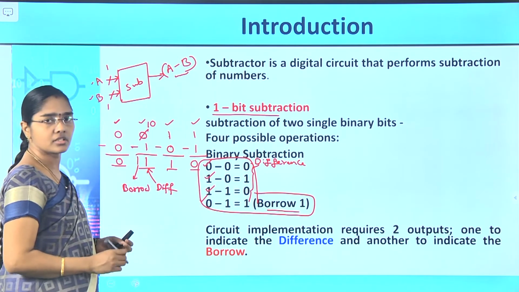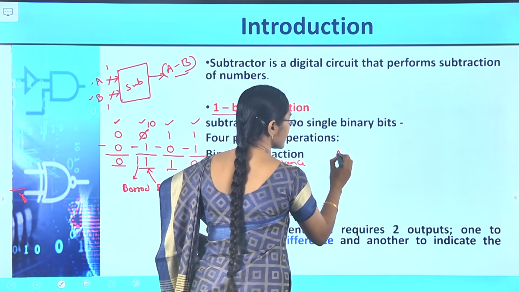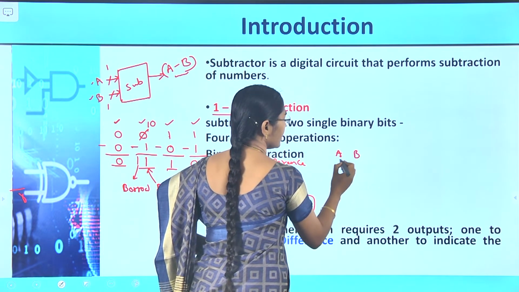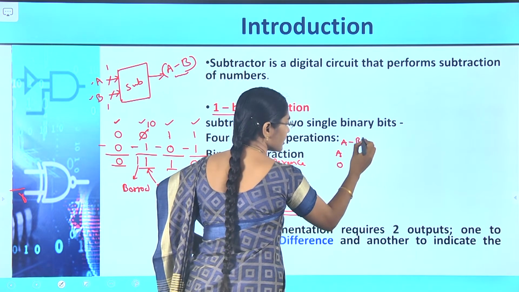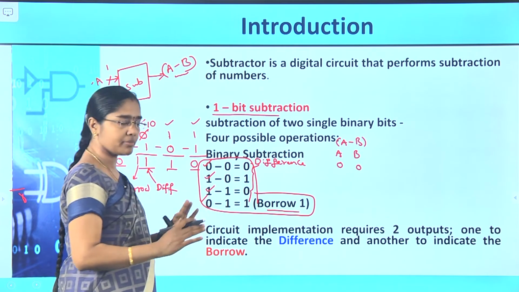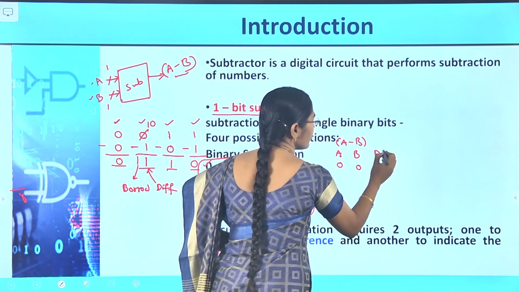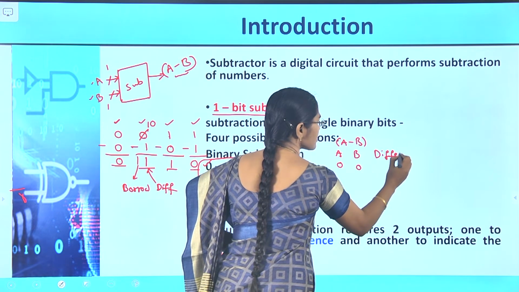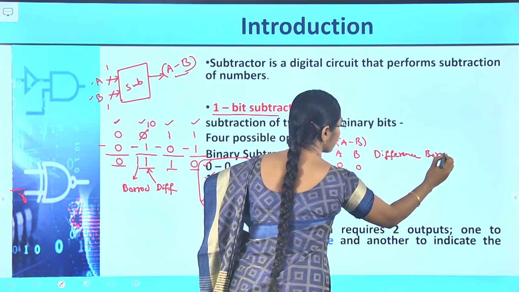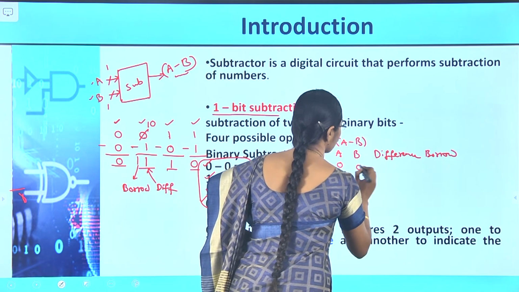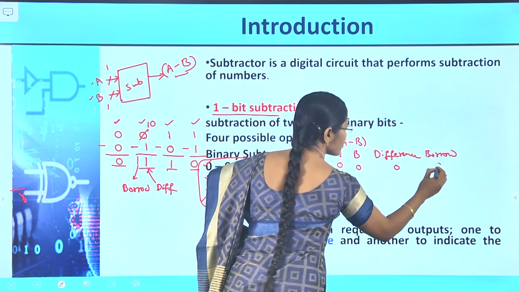Now if we write these as rules, let us take two inputs A and B. We are performing the operation A minus B. If it were B minus A, the output would be different. A minus B produces two outputs: one is called difference, another one is called borrow. For 0 0 inputs, difference 0 and borrow 0.